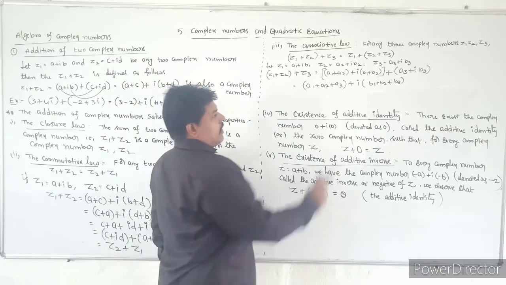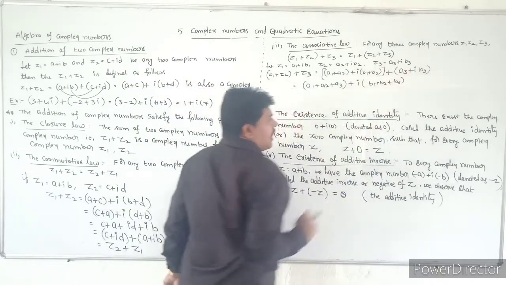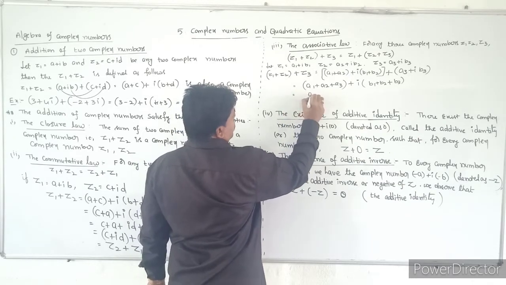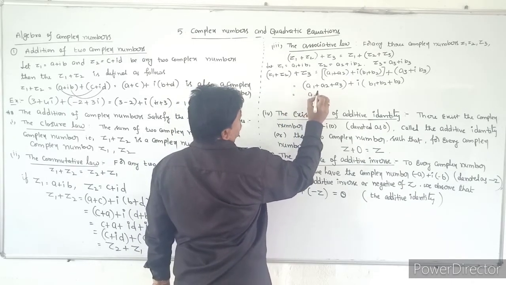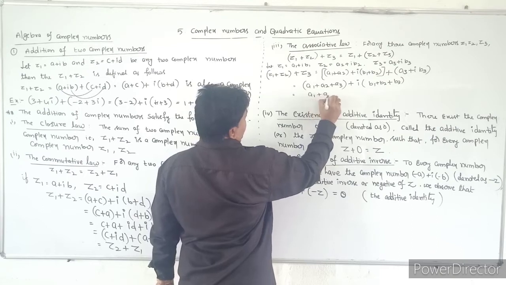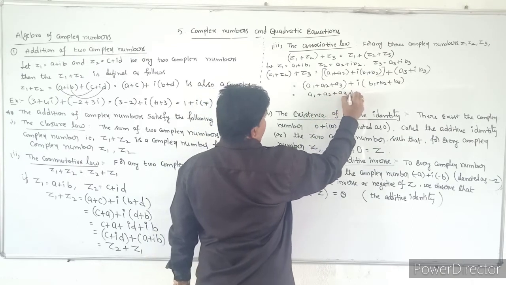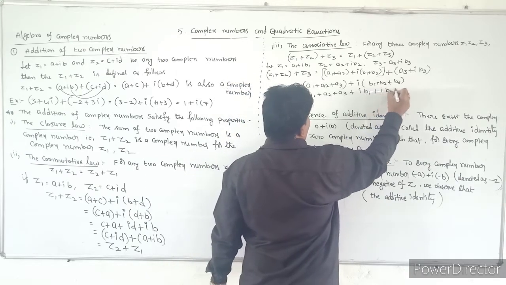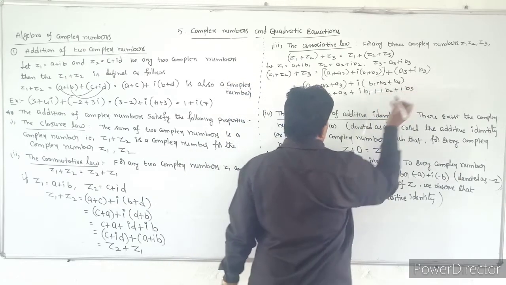So first add the real parts. Next we can take the imaginary parts. So here we can write A1 plus A2 plus A3 plus i into B1 plus i into B2 plus i into B3.